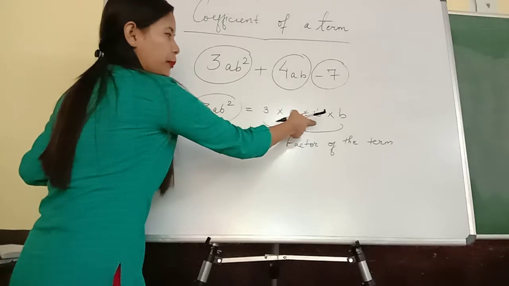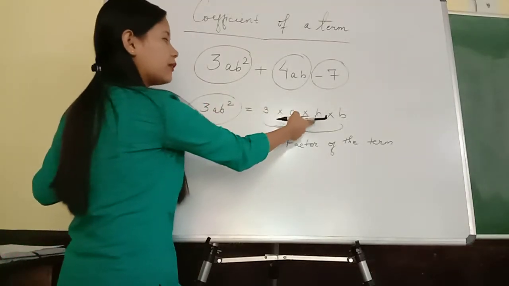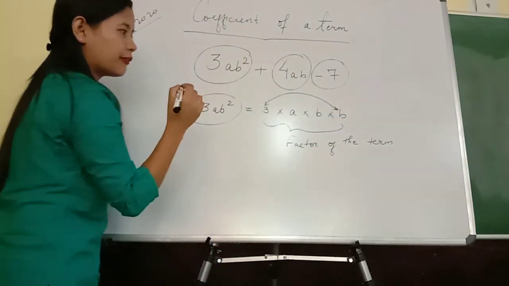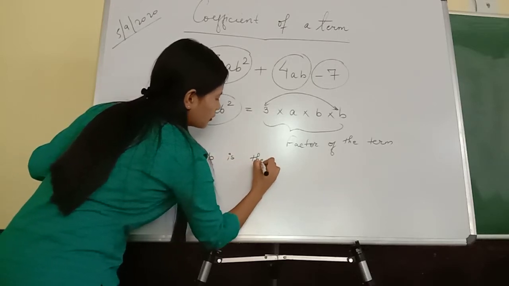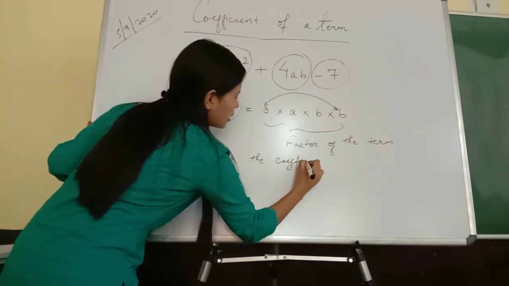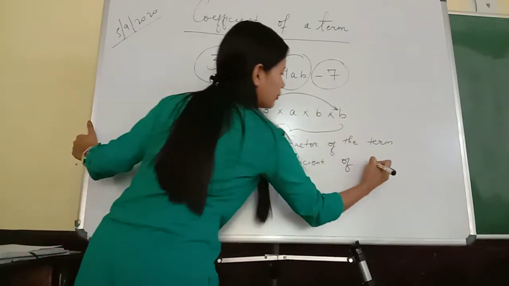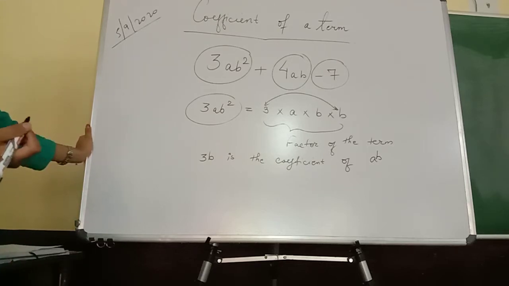The factors that are left are 3 and b. So 3b is the coefficient of ab, because we are trying to find the coefficient of ab.